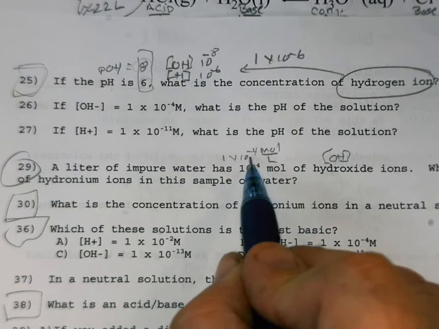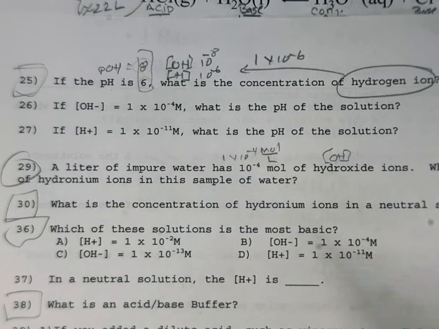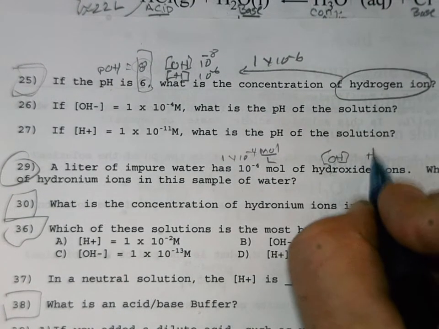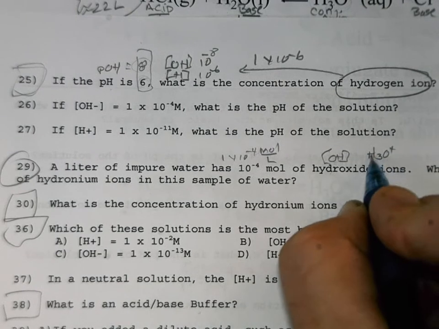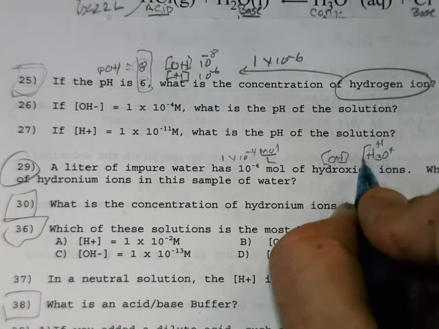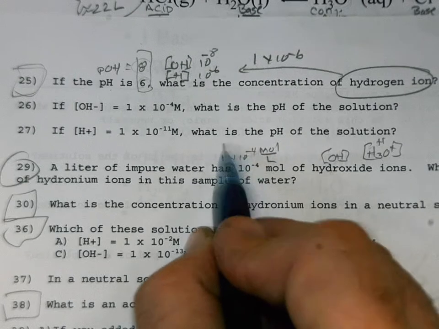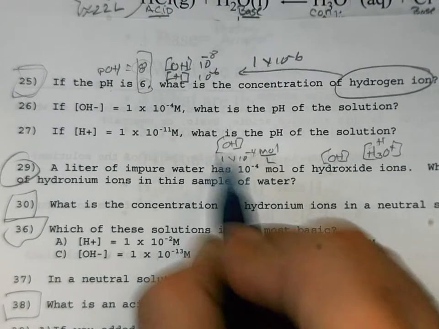So the question is, what is the concentration of hydronium ions in here? So hydroxide concentration is 10 to the minus 4. So what would the hydronium, H3O plus, which is really just hydrogen ion, have to be if this is 10 to the minus 4 for hydroxide? 10 to the minus 10.